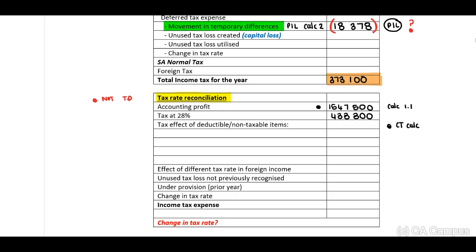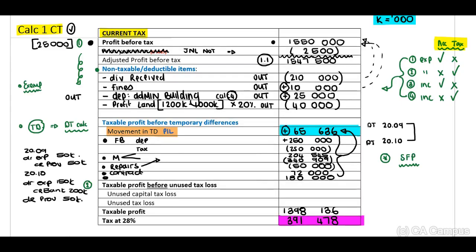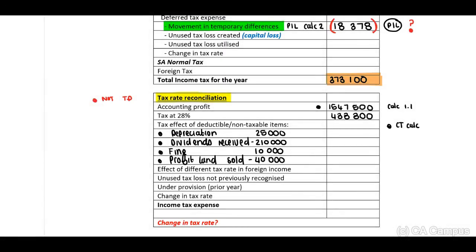Therefore, in your current tax calculation, I will transfer my dividends received, the fines, the depreciation on the admin building, and the profit on the land sold. And I will transfer all of these amounts to my recon. I've transferred these amounts, then times 28% each of them.